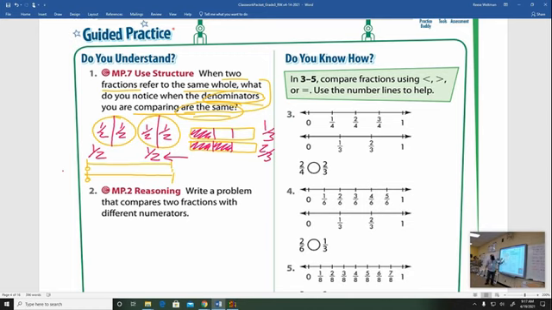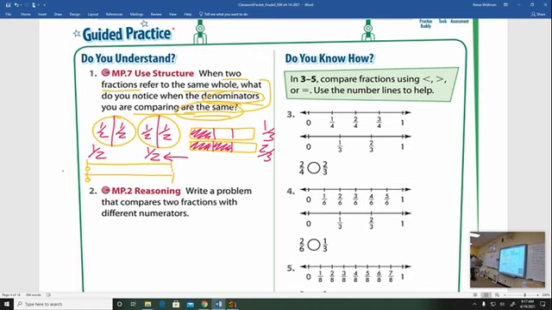So it said, when two fractions refer to the same whole, what do you notice when the denominators you're comparing are the same? Is that confusing when it's phrased like that? Does it make sense? You know what they're asking? Kinda? All they're asking you really is, what does it mean when the denominators are the same with the fractions that you're comparing?